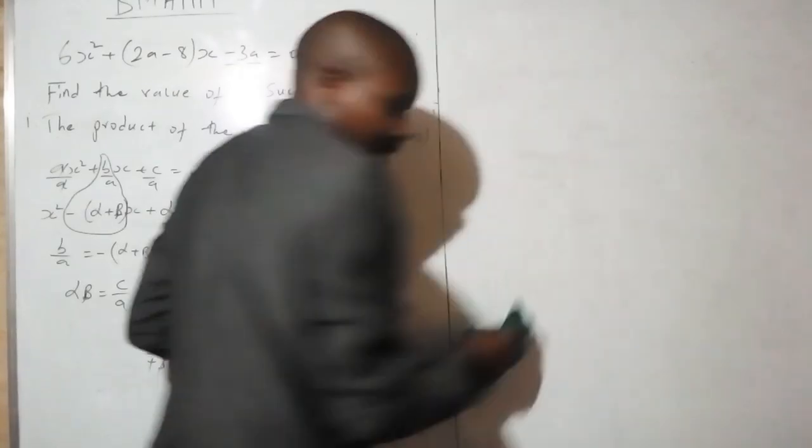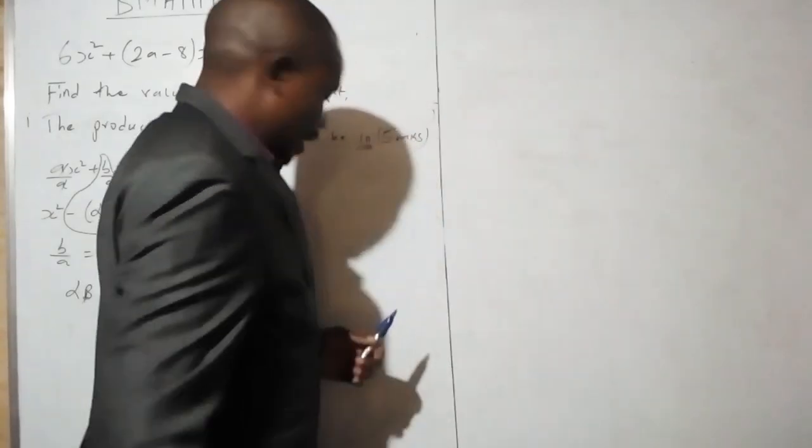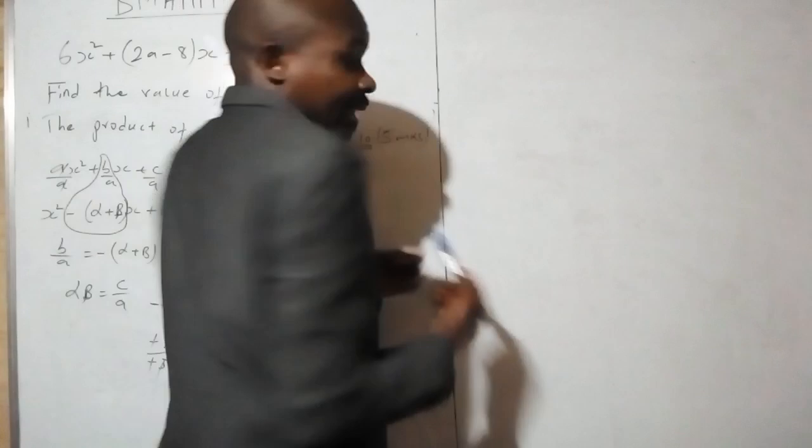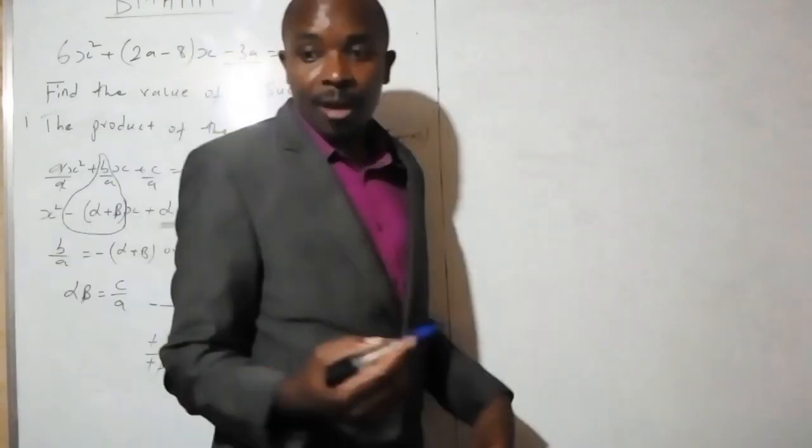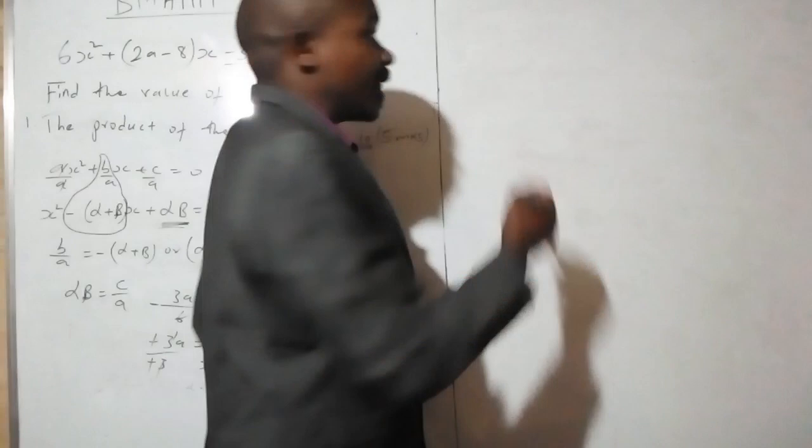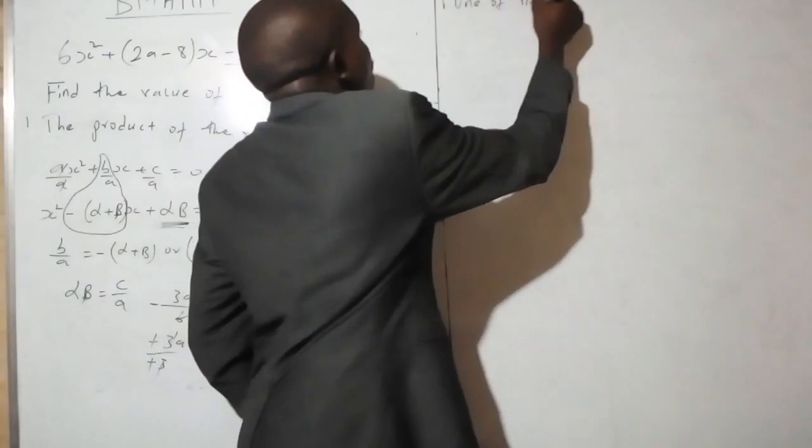Next, again I'm reading the question. Number 2: one of the roots will be the negative of the other.